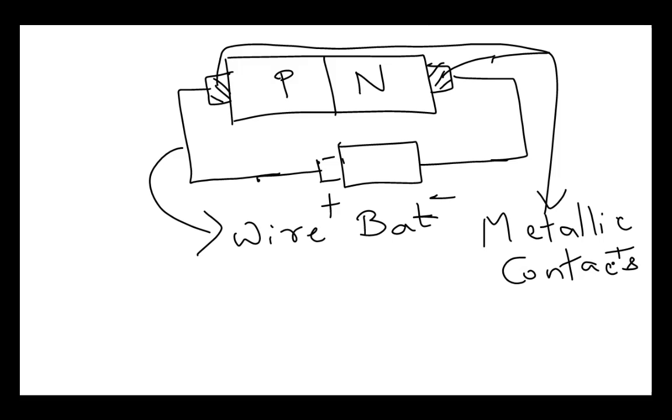Note that we cannot directly connect the wires to P and N semiconductors, and hence we need a metallic contact. It should be noted that the metallic contact should not hinder the PN junction functionality in any manner. That is, the diode's basic properties should not change due to addition of metallic contact. But since it is a metal contact, it will have some resistance like metals, and hence it is called an ohmic contact.